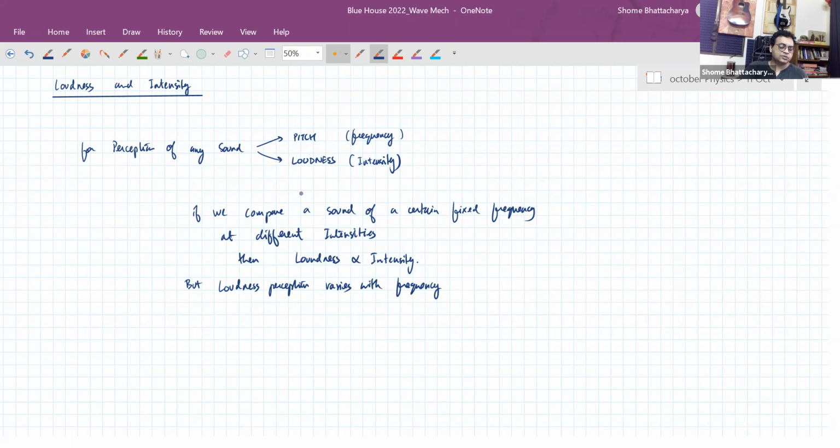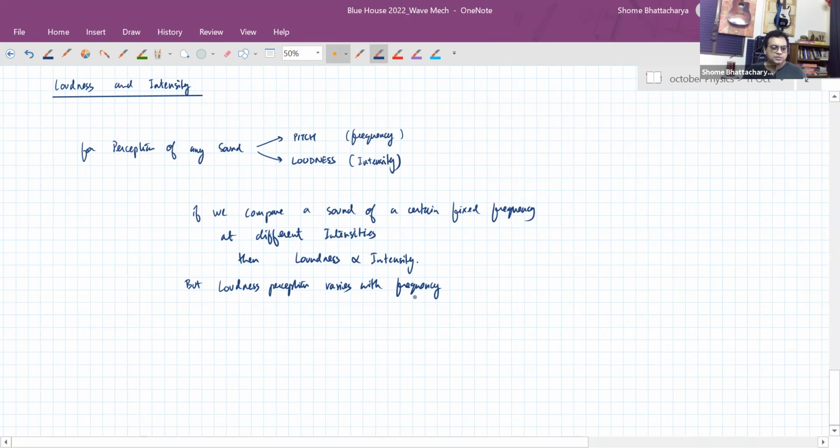So if we compare two sounds of the same intensity but of different frequencies, then one might appear to be louder than the other if it is within that region of frequency range which we are well tuned to hear, because our hearing system and the whole mechanism of our outer ear, including the resonances that are created in the outer ear, and then the hammer, anvil, stirrup, the three bones that vibrate in our inner ear and all that, they're all tuned in such a way that a certain frequency range, which more or less falls in the 1 to 5 kilohertz category, in fact it peaks at around between 2 and 3 kilohertz. So those frequencies appear to be loudest.